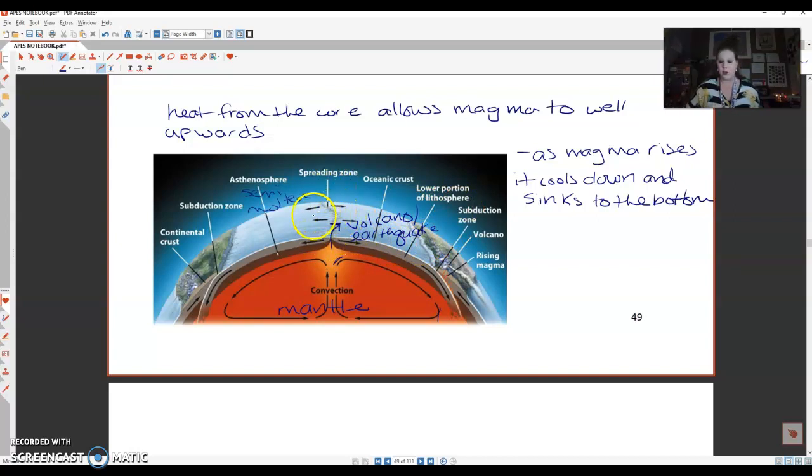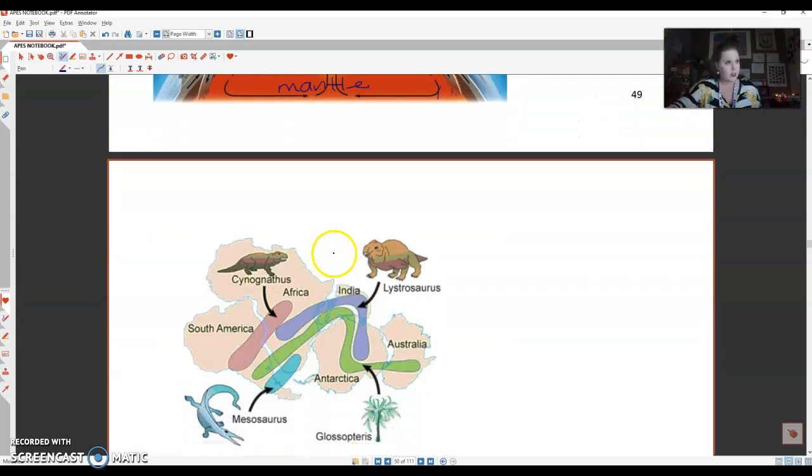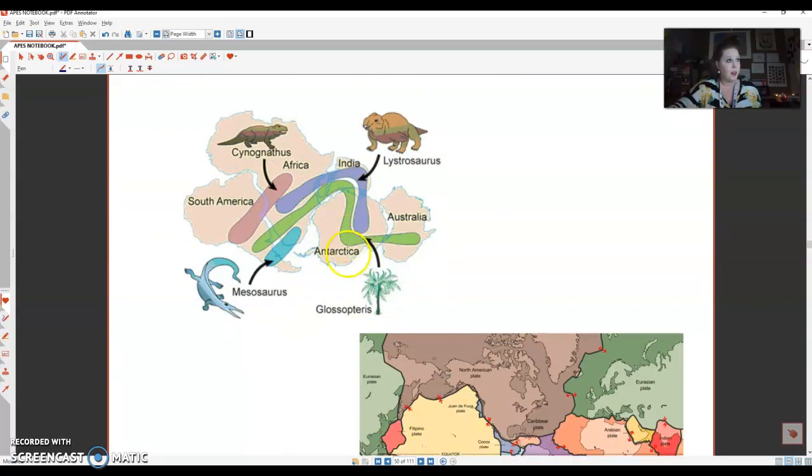Okay, so let's look into a little bit more of the geological history of what this is causing. Now, you may or may not know, I'm assuming that most of you do, that the continents were once connected into a supercontinent. And in your head, you're probably saying, yes, miss, it's Pangaea or Pangea. Doesn't matter how you say it. This is true.